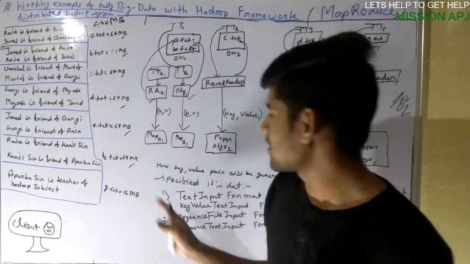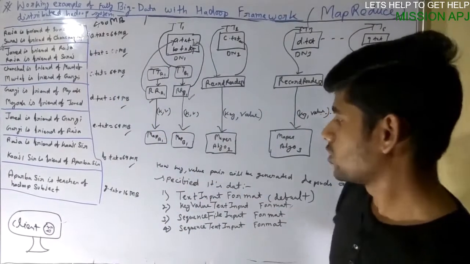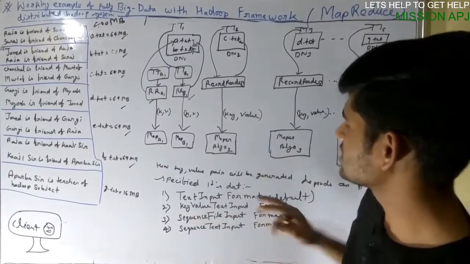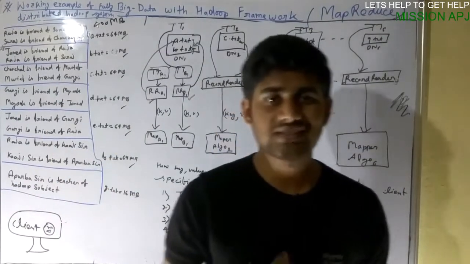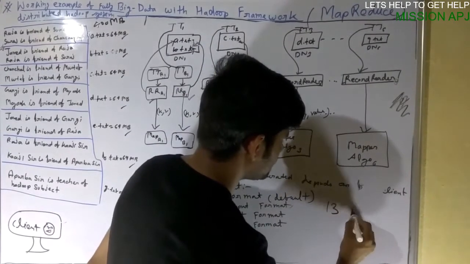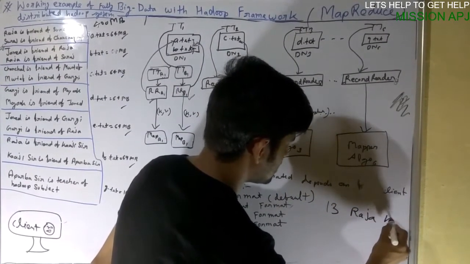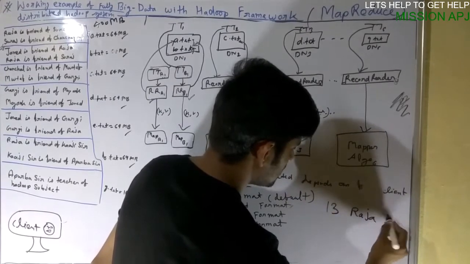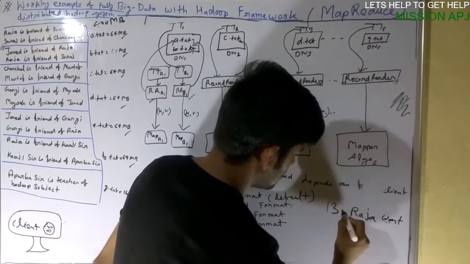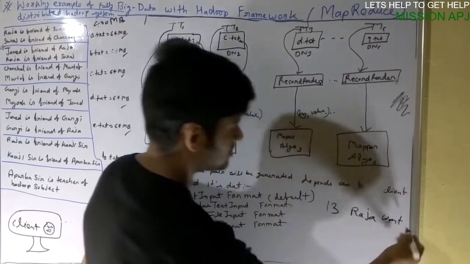But for that type of data, nobody is going to specify the file format as key value text input format. Why? Because this is not looking like a key, but it can be. But suppose you have data like 13 Raja went, something like this.